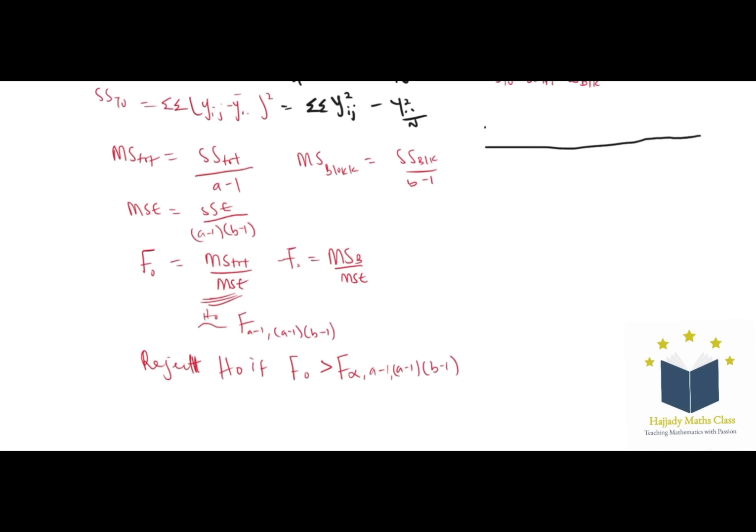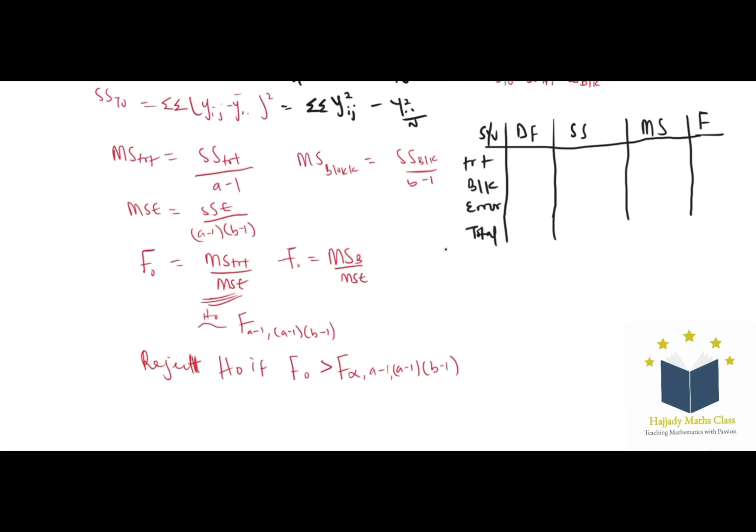In a nutshell, let me quickly take you through this ANOVA table. We have the source of variation, the degree of freedom, the sum of square, the mean square, and lastly F. Under the source of variation, we have the treatment, the block, the error, and also the total.